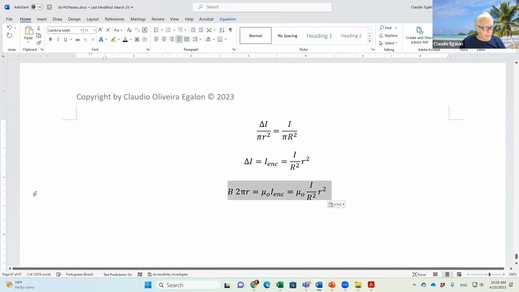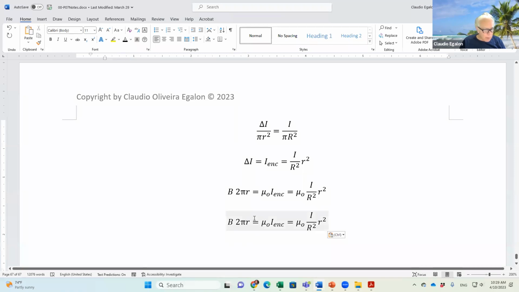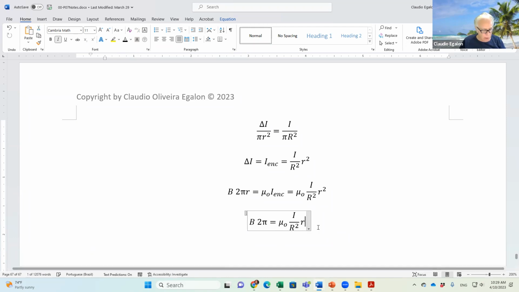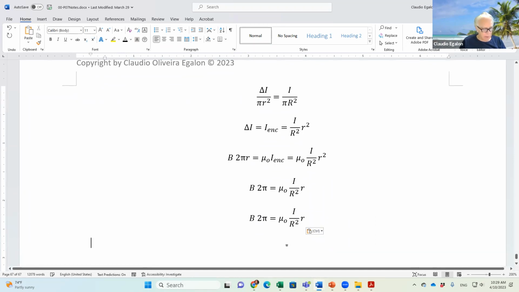Now we are ready to solve this problem. These r's cancel out with one of those two r's, and we pass the 2 pi r to the other side.